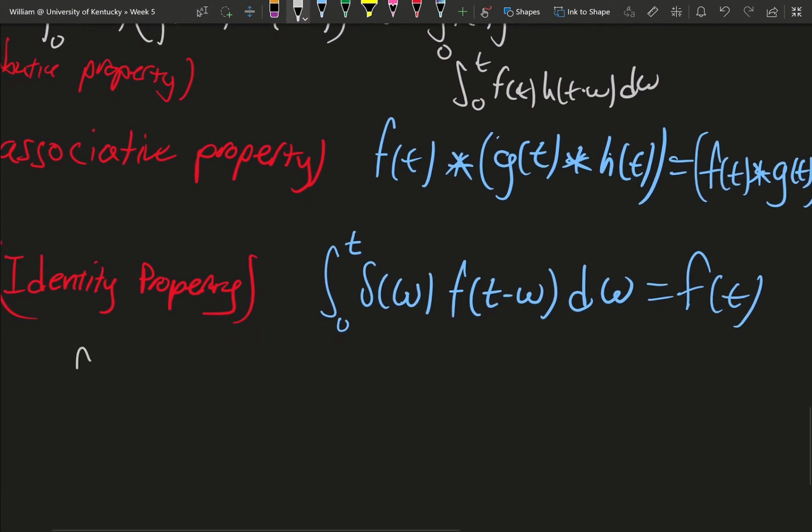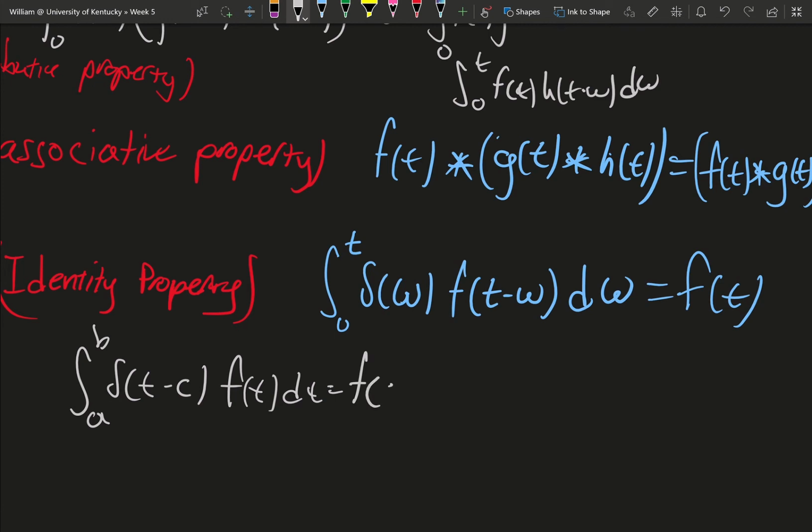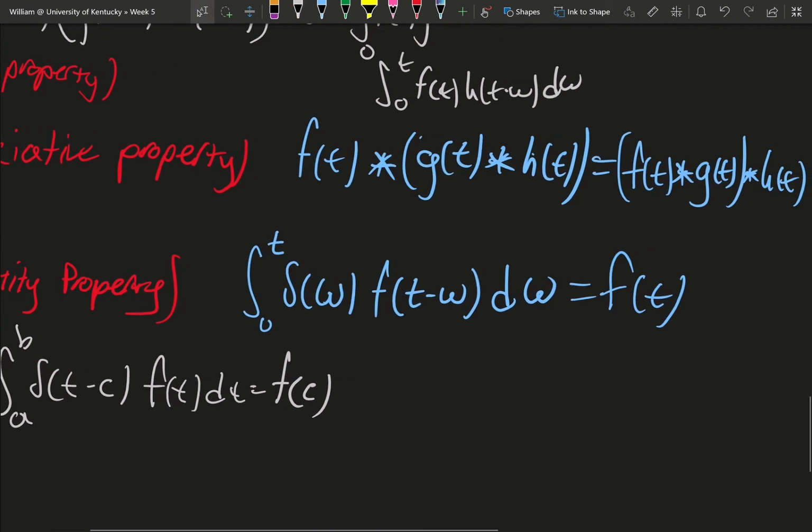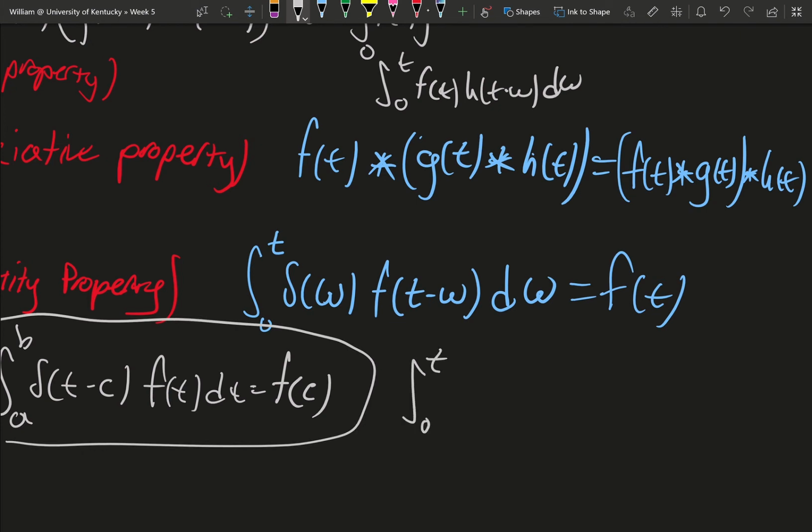And to sort of see this, remember that if I am integrating something, as long as the point everything's sort of concentrated at is in between A and B. So as long as this C here is in between A and B, then I just get f of C. Yeah, so here, for instance, I could see the integral from 0 to t, right?